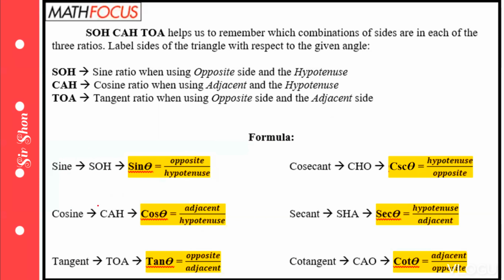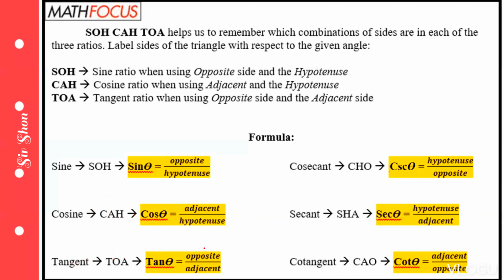For the cosine, the formula is CAH, or cosine theta equals adjacent divided by hypotenuse. For the tangent, it is TOA: tangent theta equals opposite divided by adjacent.